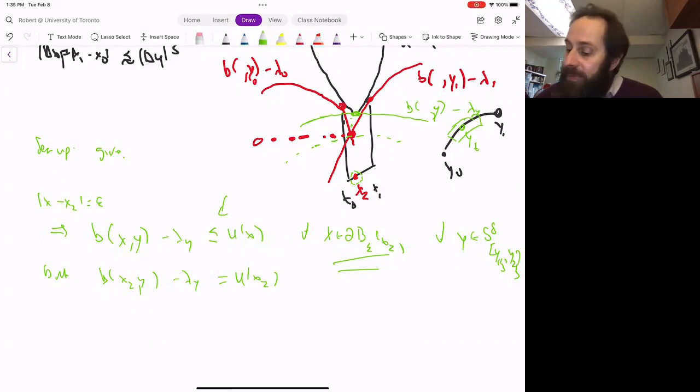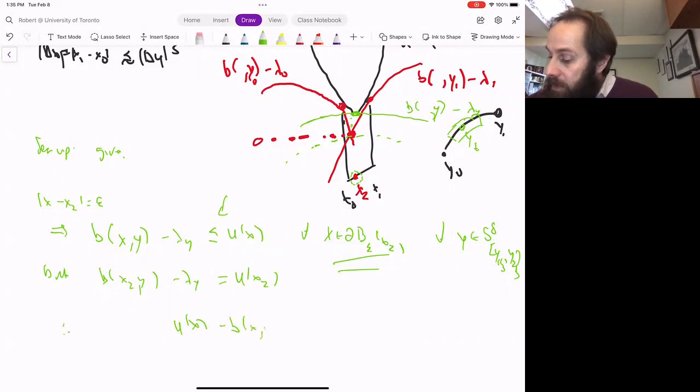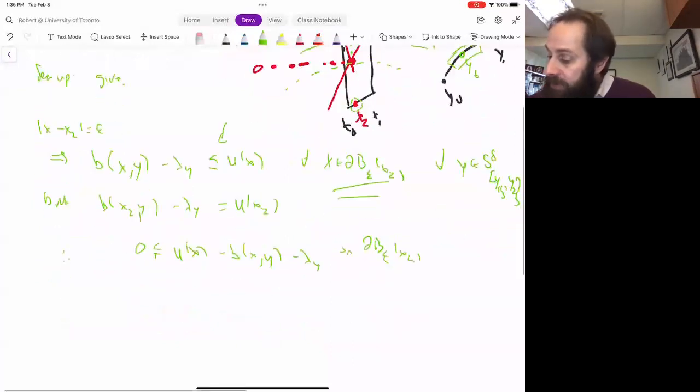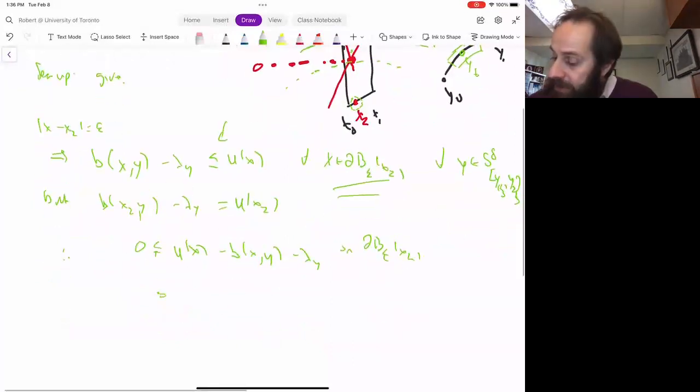And so basically that means u of x minus b of x, y minus lambda y, is bigger than 0 on the boundary of the ball, and it's equal to 0 if x equals x2.